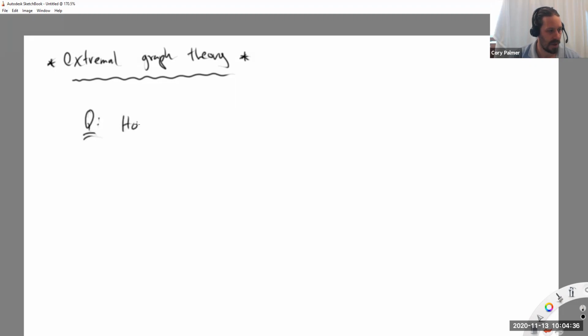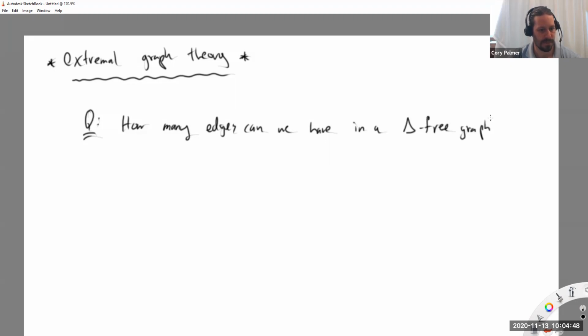Okay, so how many edges can we have in a, what I'll write as, triangle-free graph? Let me just make sure this is clear. By triangle-free graph, I mean a graph with no subgraph triangle.